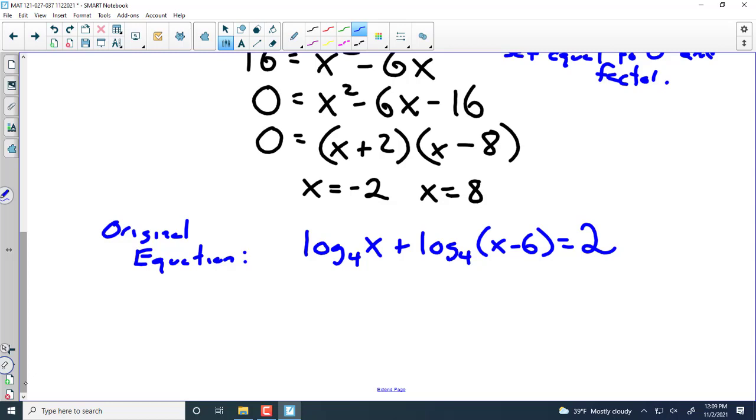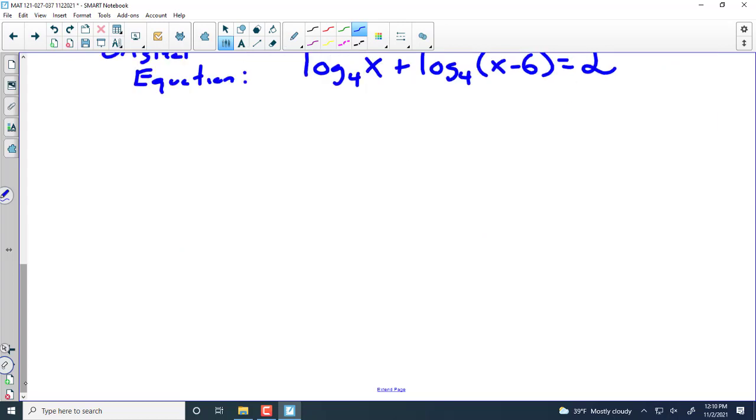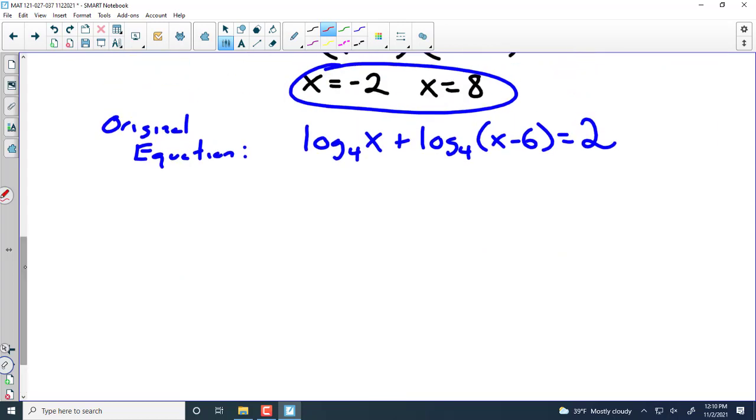And when we did the math perfectly, we got these two answers. But you need to ask yourself, if I plug those answers, one at a time, back into the equation, do I end up doing something I'm not supposed to do? In other words, if I let x equals -2, then this is going to look like this.